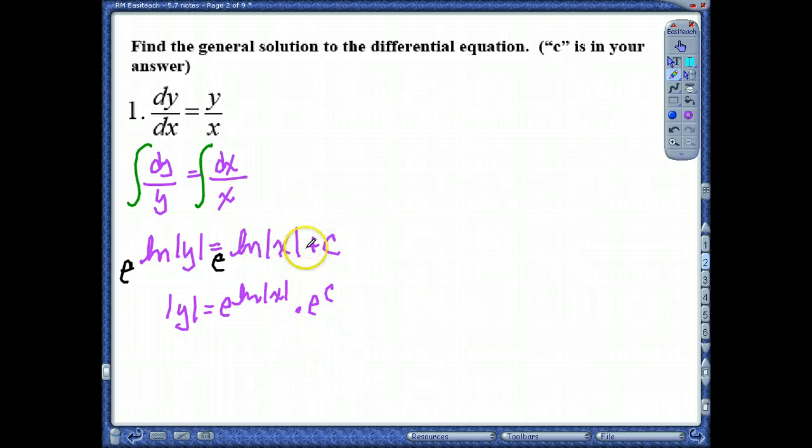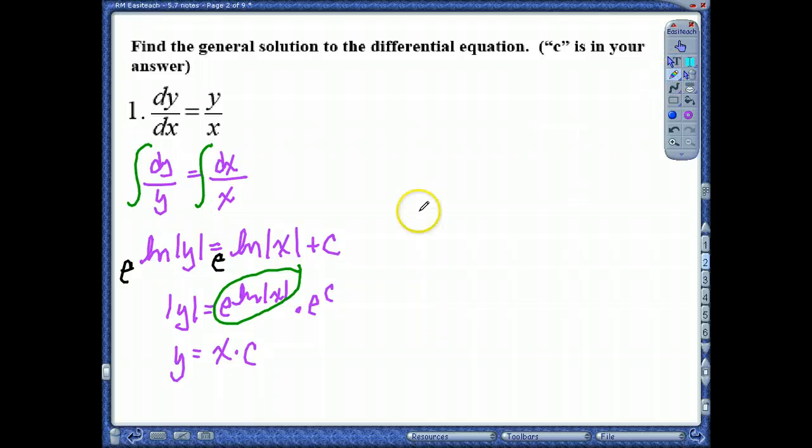Because whenever powers are added, that means we multiplied them. Now we can simplify this, but we couldn't before. We're also going to drop our absolute values. So we have e to the natural log of the absolute value of x, which is just going to be x, so positive, positive, that's why we can drop those. And then we have times our c.